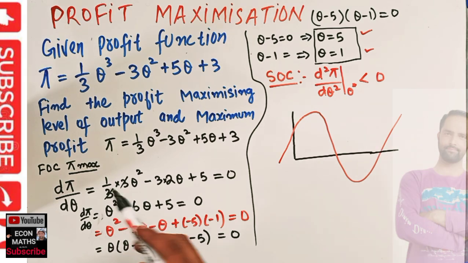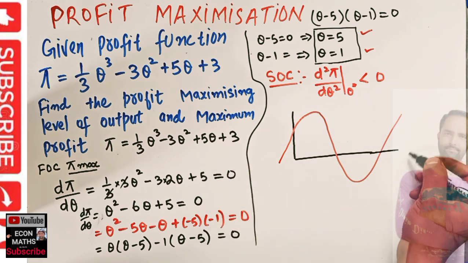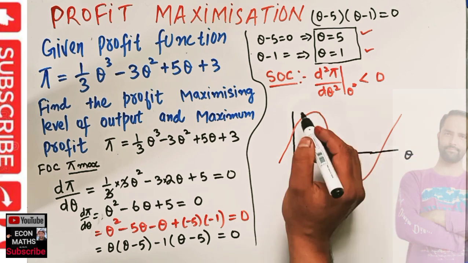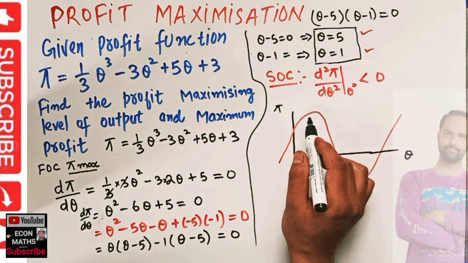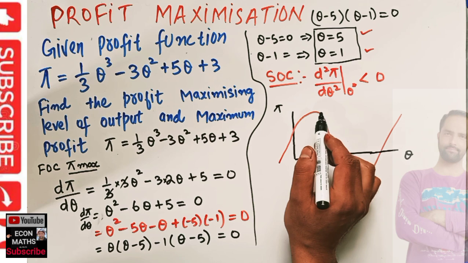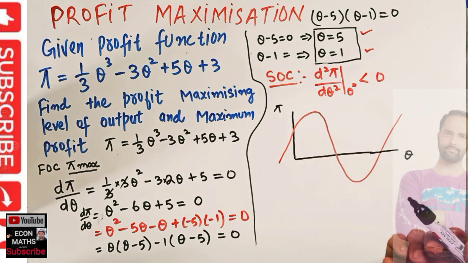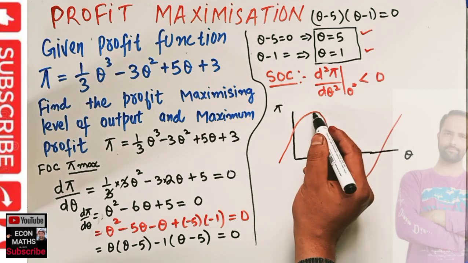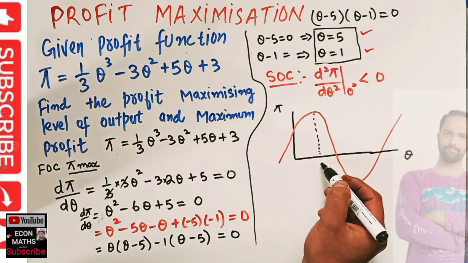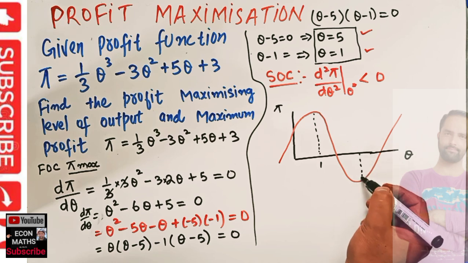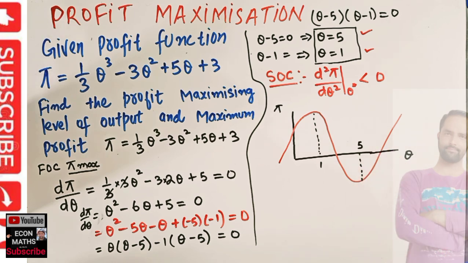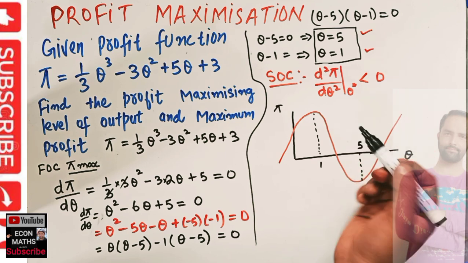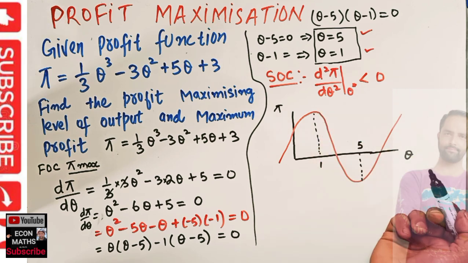Now the first order condition is used to find the marginal profit. If I write quantity on this side and profit on this side, the first order condition is being satisfied at two points. You can see when q is equal to 1 and q is equal to 5. The first order condition says that the marginal profit should be equal to 0.